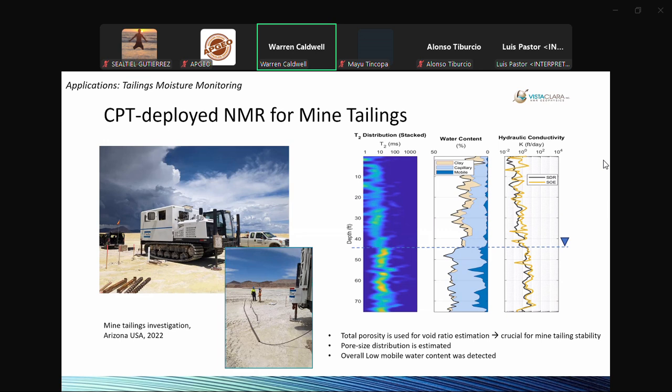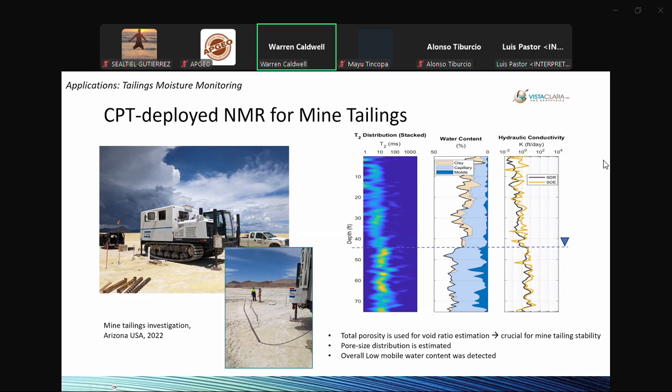In this project, we did a series of direct push logs using this CPT truck, and those were adjacent to a borehole. You can see the PVC casing here next to the CPT truck.